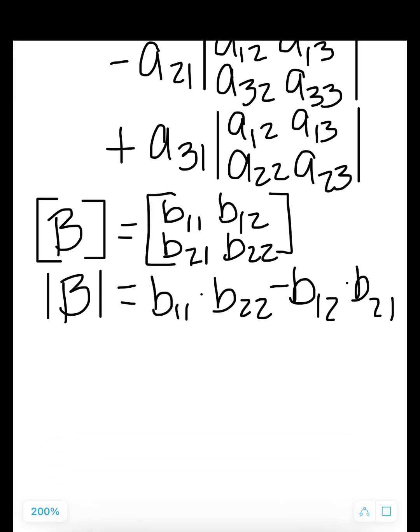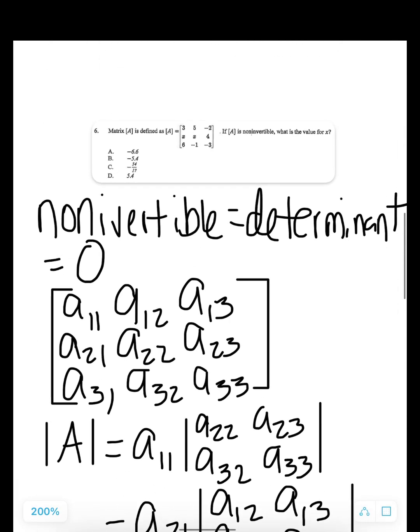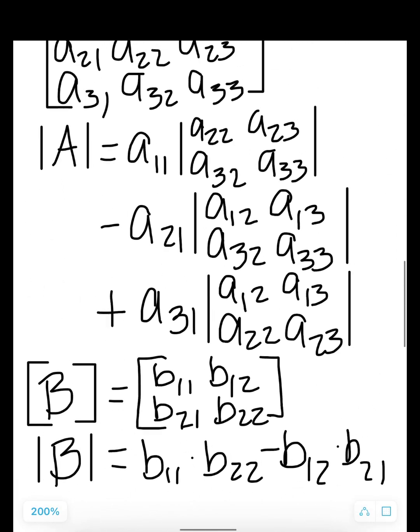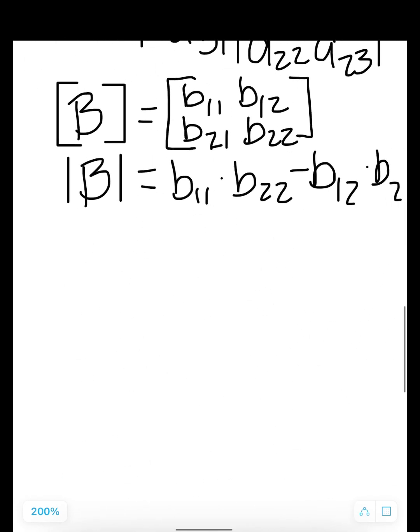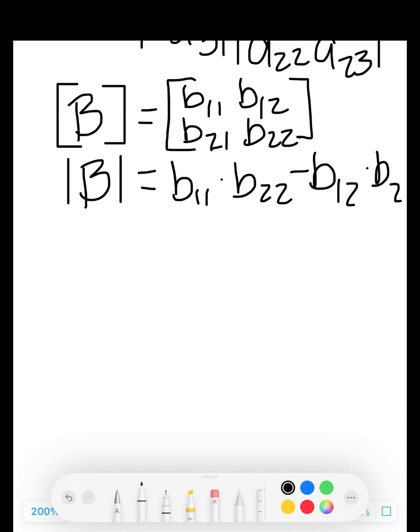So now we've got lots of filling in to do with the numbers from our problem. So you should have this in front of you. I'm going to go ahead and just write it all down at once to make it easier. So this will be 3 times the determinant of matrix x, 4, negative 1, negative 3.